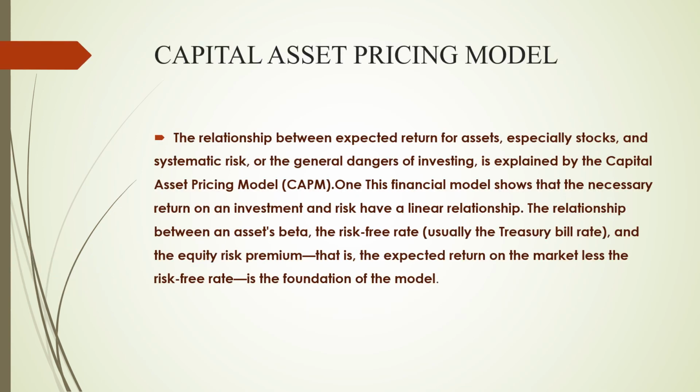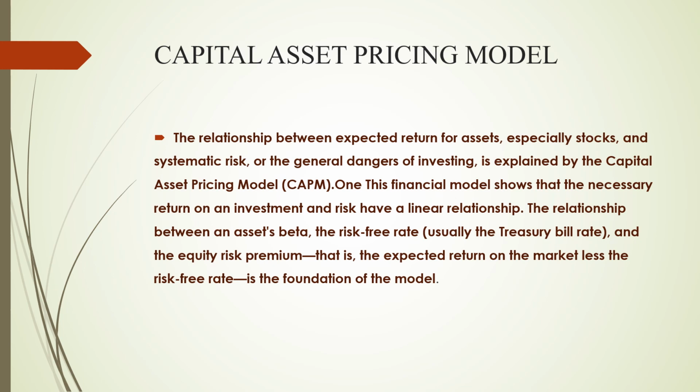Capital asset pricing model. The relationship between expected return for an asset, especially stocks, and systematic risk, or the general danger of investing, is explained by this capital asset pricing model.